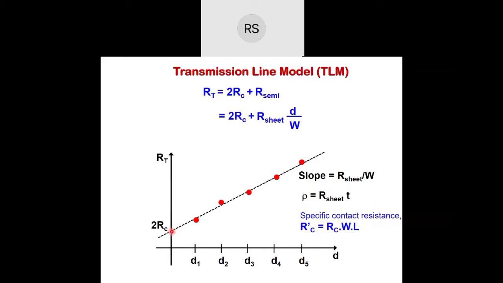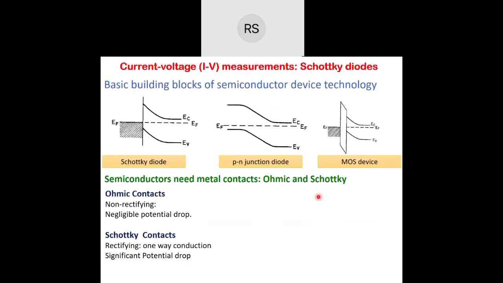The intercept on the y-axis is 2Rc, so its half is Rc. Multiplied by W and L, which I already know because I made these contacts myself, Rc times W times L gives me the specific contact resistance. So this is the method for experimental measurement of the specific contact resistance.